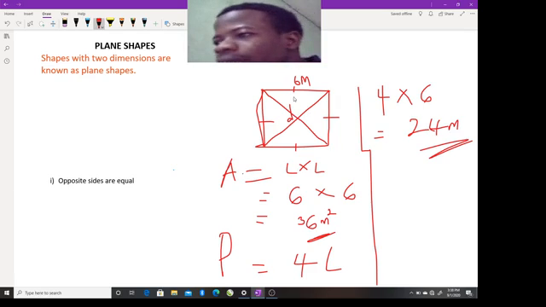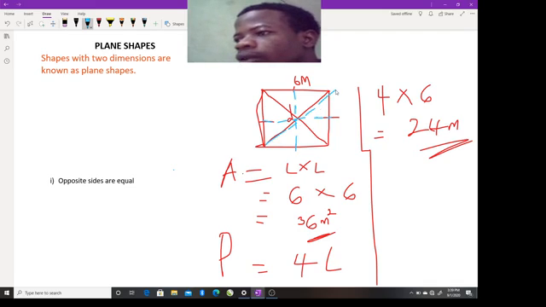Then it has 4 lines of symmetry. I said the square has 4 lines of symmetry. So is 1, 2, then you have the 3 along this line, then you have the 4 along this line. So 4 lines of symmetry.